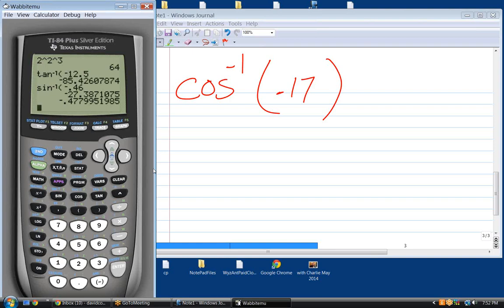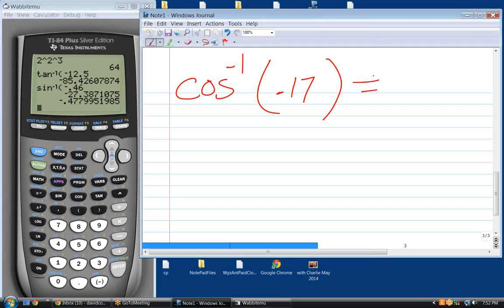Are we getting an angle or a number? Is our answer going to be an angle or a number? Yes. Where is cosine positive? In the first and fourth. Yeah. So the principal is first.